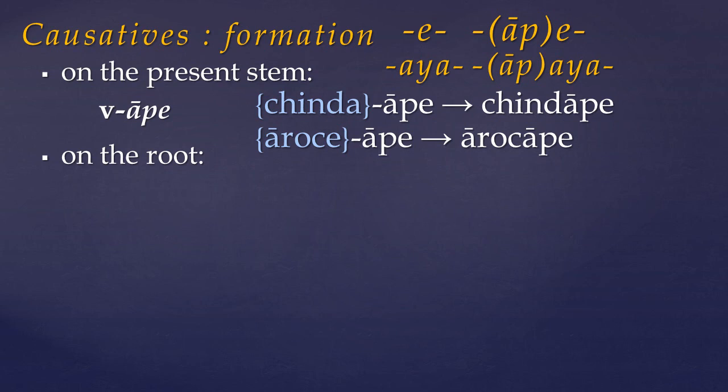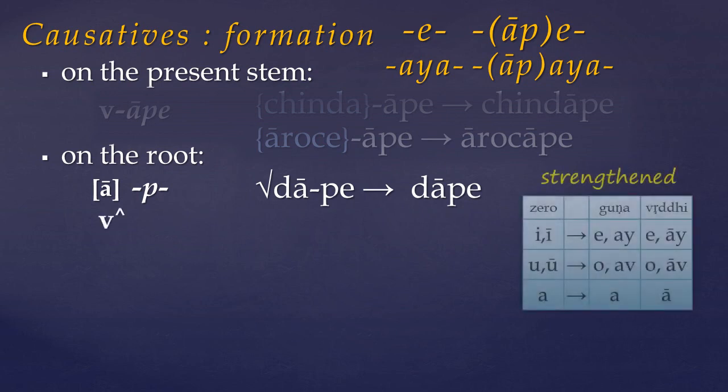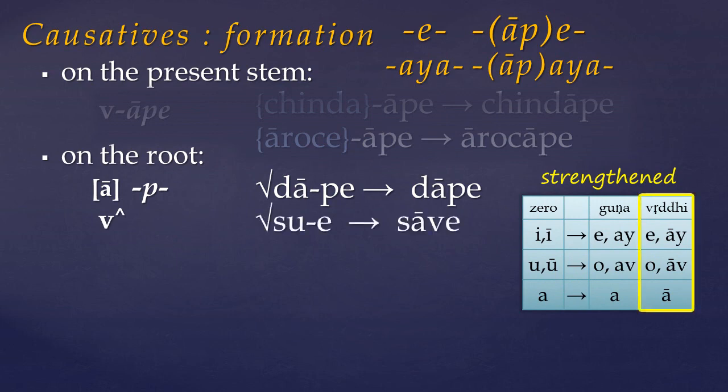On the root, well, the available grammar guides vary quite a lot, probably because they, like myself, oversimplify. So here I am following Stephen Collins. Now, when the root ends in a long a, we insert a p to get paya or payeti. Roots which end in vowels other than a long a, then the vowel is strengthened to the vuddhi grade.